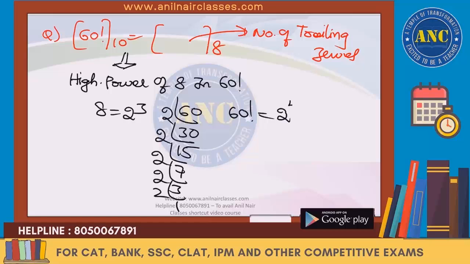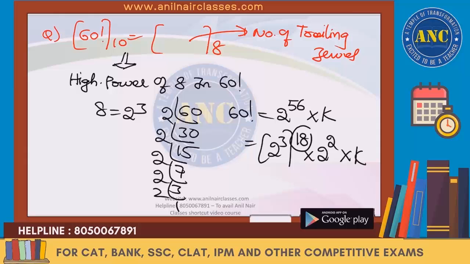So this is 2 power 56 into K. I want it for 2 power 3. So 2 power 3 power 18 into 2 square into K. So the answer for this question is 18. I hope it is clear.